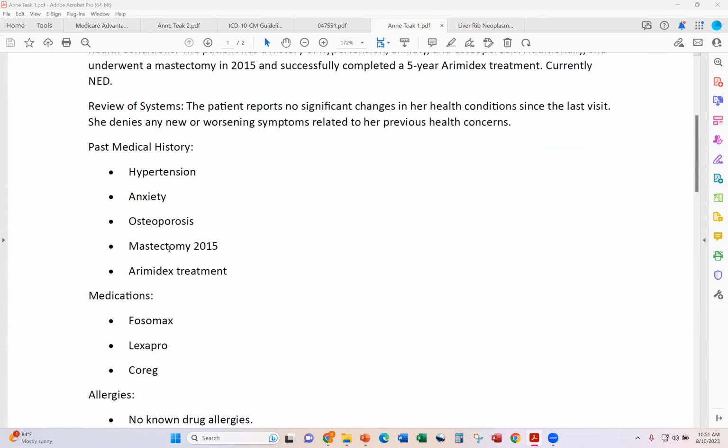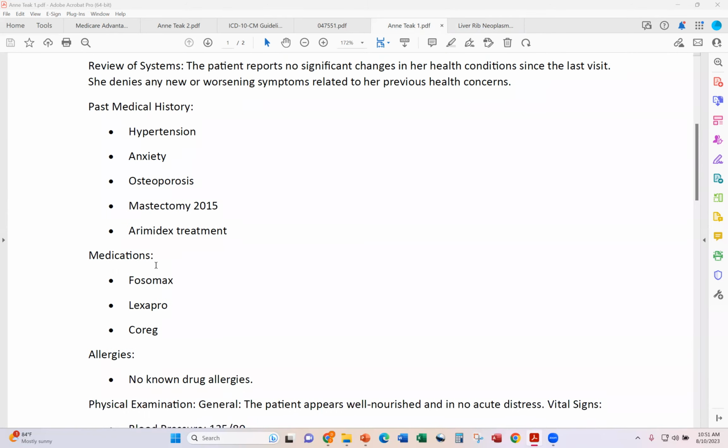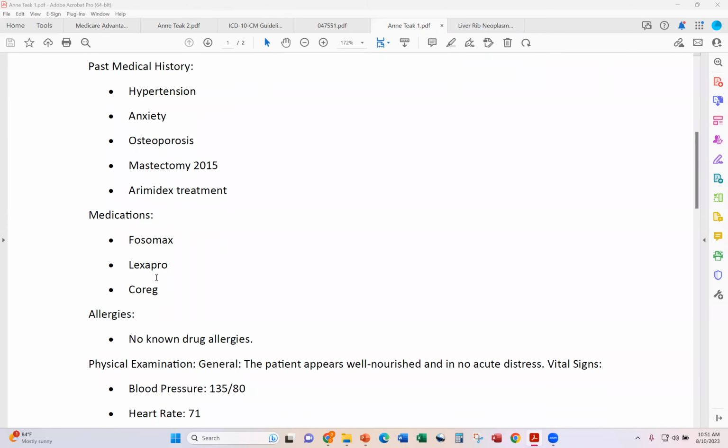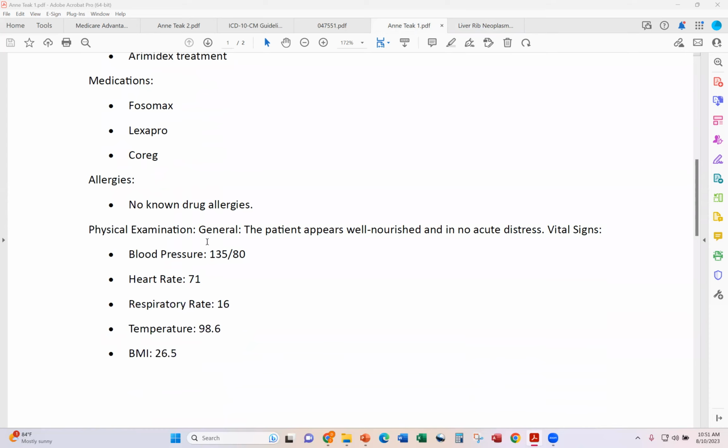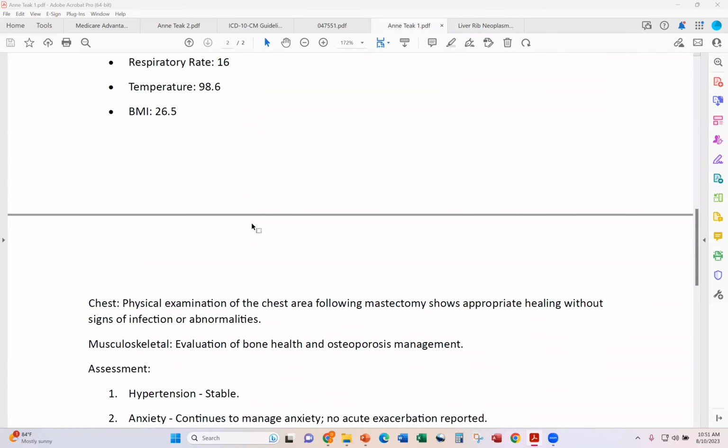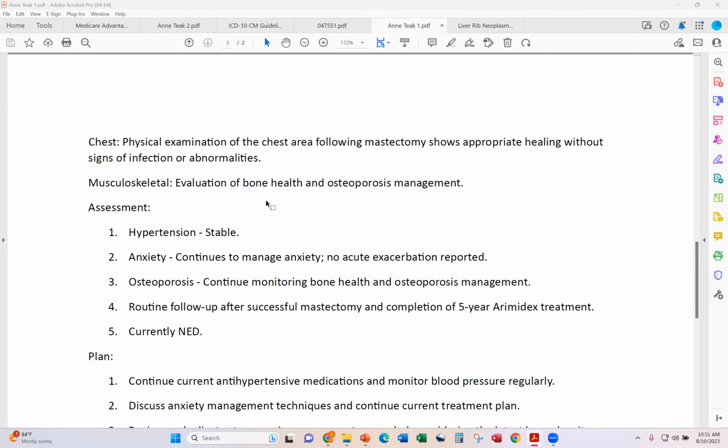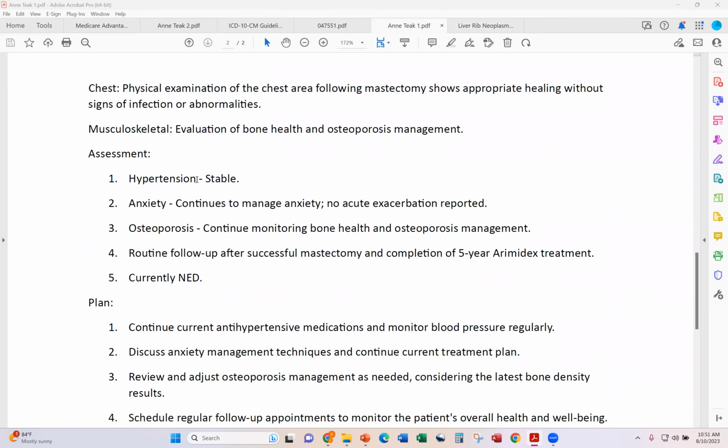Past medical history, hypertension, and so on. Medications, Fosamax, Lexapro, Coreg. We got our vitals, etc. Assessment: hypertension, stable; anxiety, continues to manage anxiety; osteoporosis, continue monitoring; routine follow-up after successful mastectomy and completion of 5-year Arimidex treatment, currently NED.